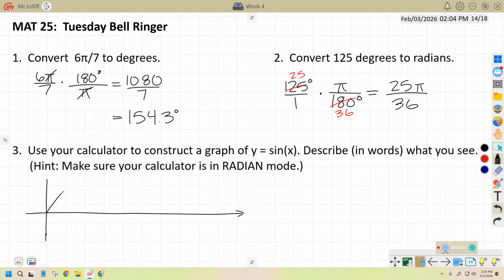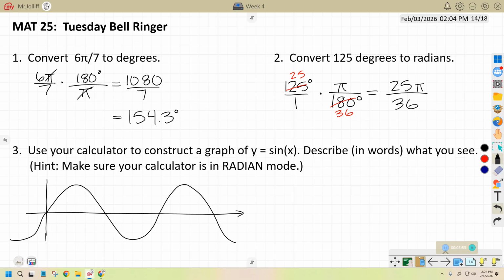So it started increasing and then decreasing like this. And I am a horrible drawer, but I think that is a good representation of what we were seeing on a graph. Very good.